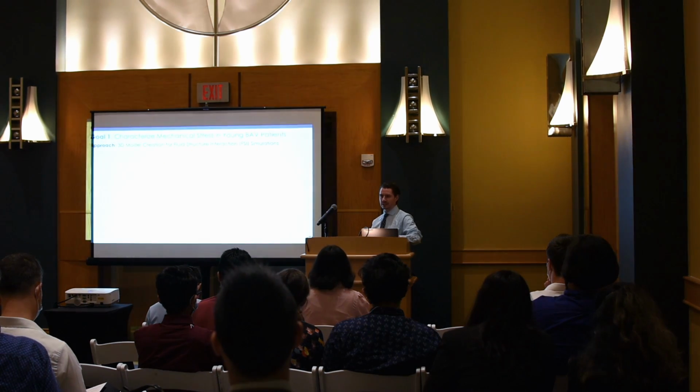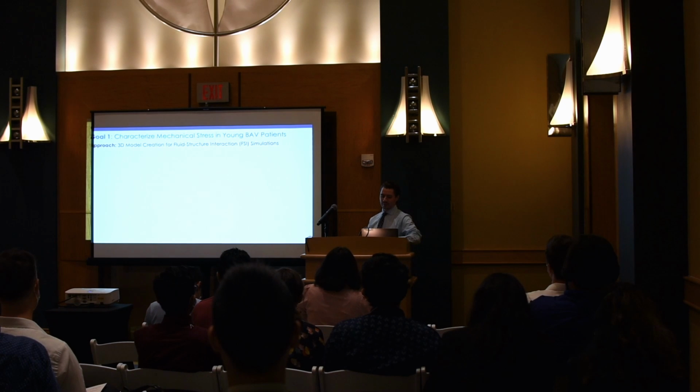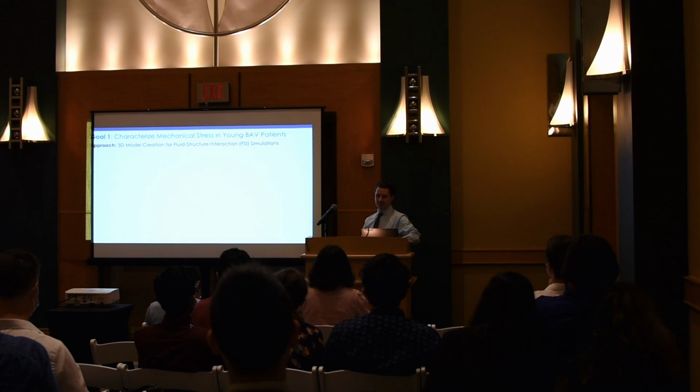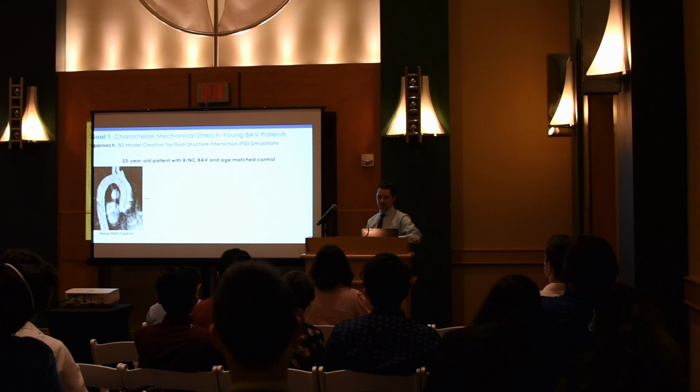And so to assess the mechanical stresses in BAV over time, we've been working on a robust fluid structure interaction simulation protocol, one that tries to build upon previous models and aims to advance our capability of more closely replicating physiologic conditions. So for this, we've been working with a 23-year-old patient with right non-coronary BAV and an age-matched tricuspid aortic valve control.